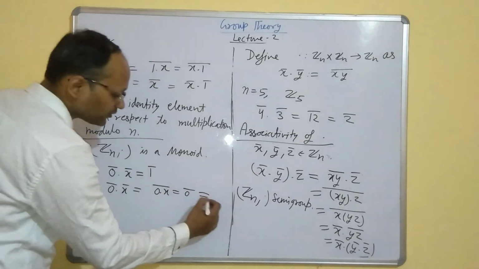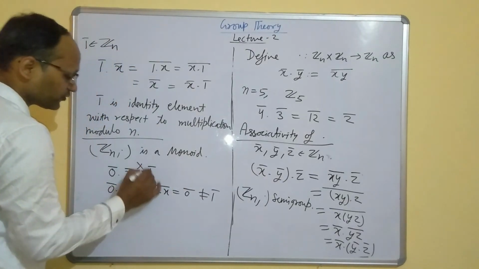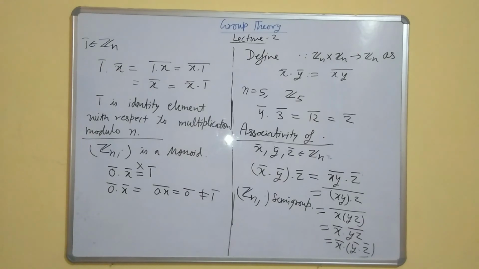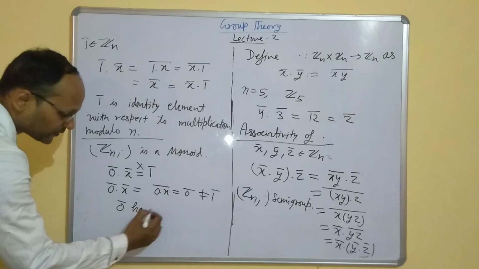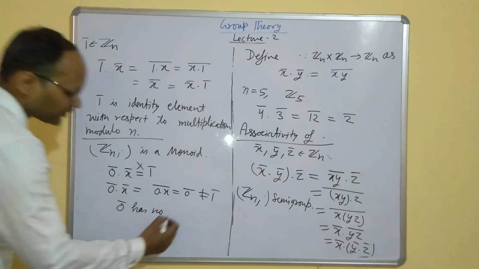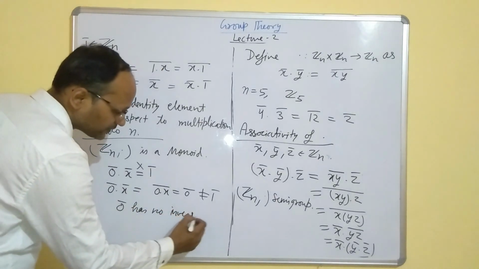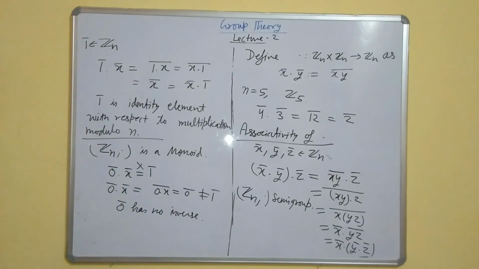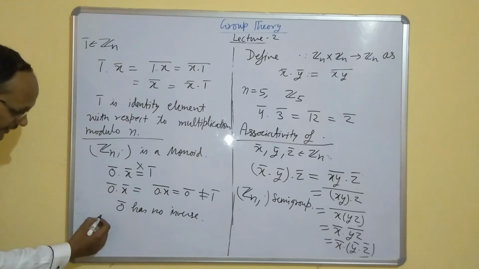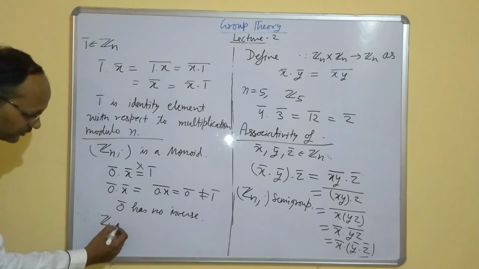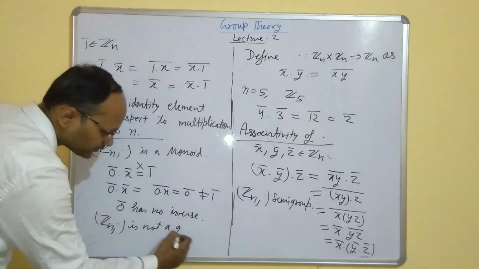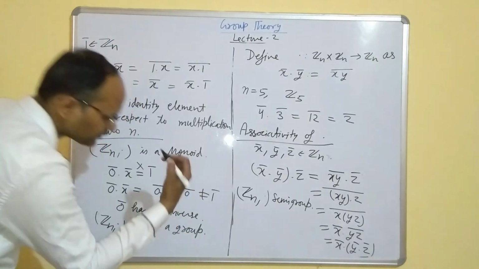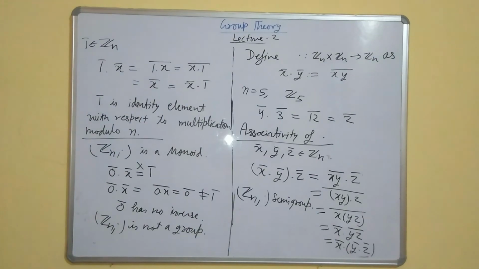So that is never equal to 1 bar. So 0 bar has no inverse with respect to this multiplication. So it means this is not a group. So Zn with dot is not a group.